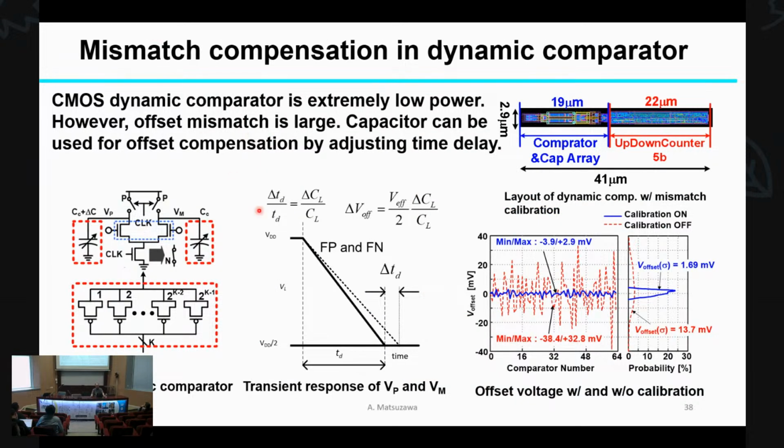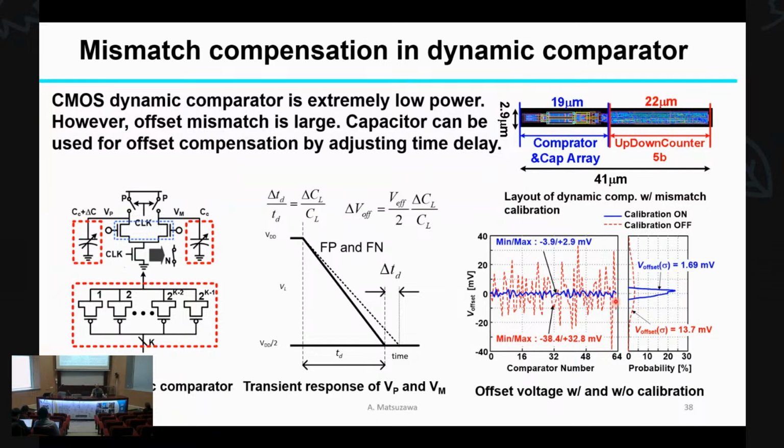The other technique is how to suppress mismatch without any power consumption. In this case, combined with the dynamic amplifier, we change this to control the circuit. That results in control of mismatch.